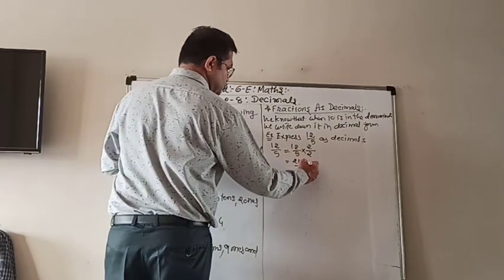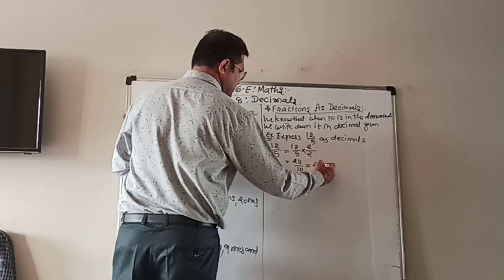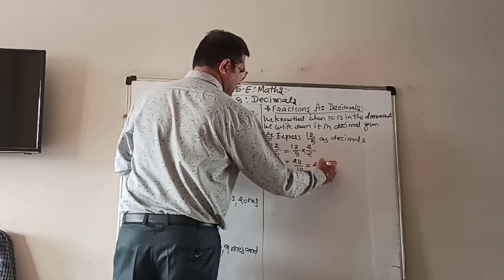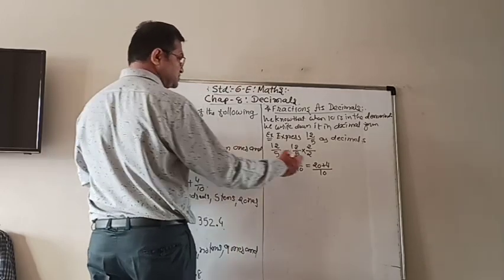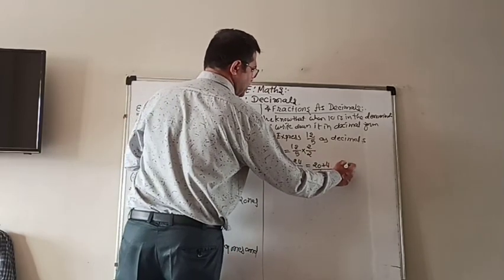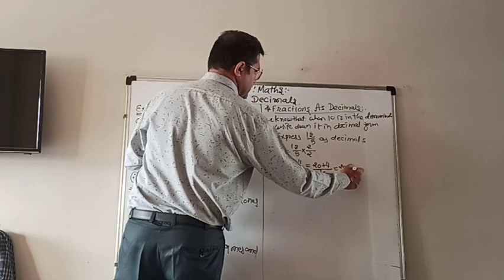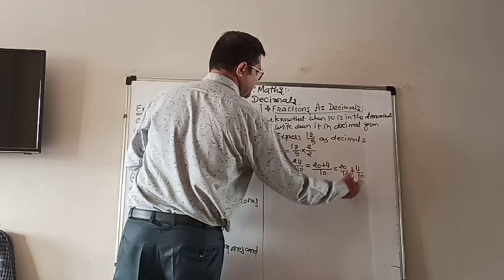Now 24 is written as 20 plus 4 upon 10. It means 20 upon 10 plus 4 upon 10.